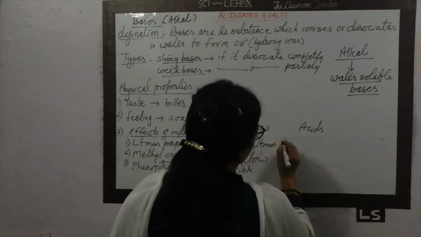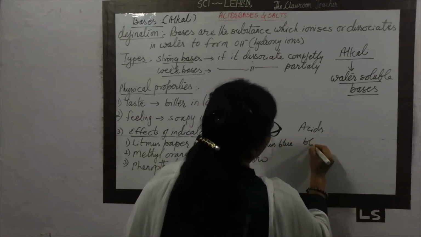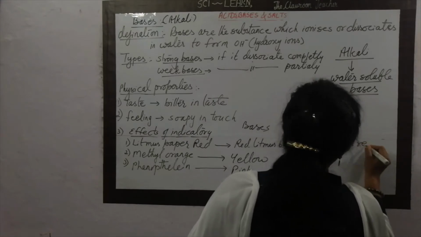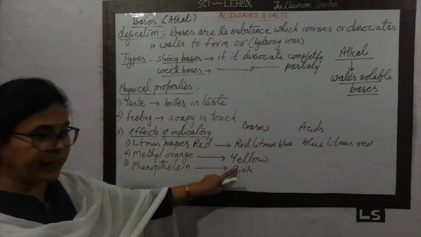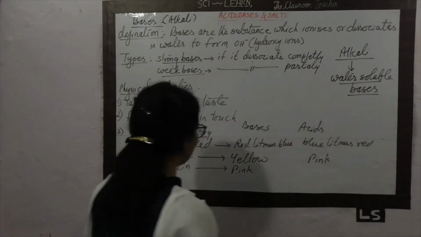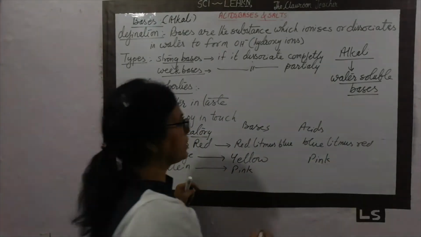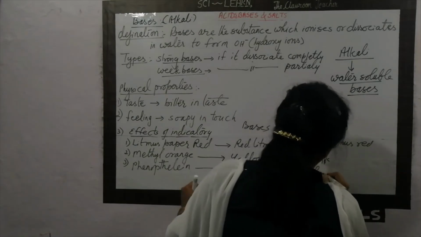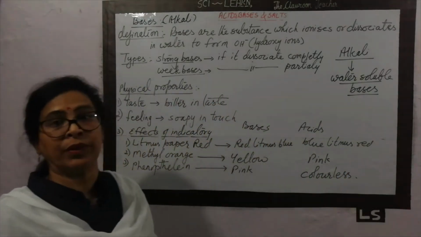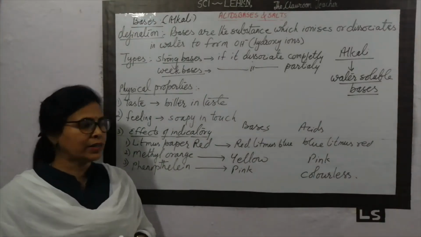What about the acid? Acid converts blue litmus red. Methyl orange converts to yellow in base, and to pink in acid. Phenolphthalein converts to pink in base, and acid is colorless. So this is the comparison of indicators between the acids and the bases.